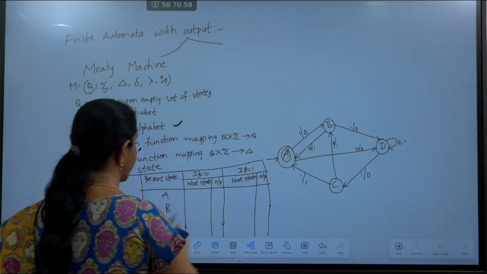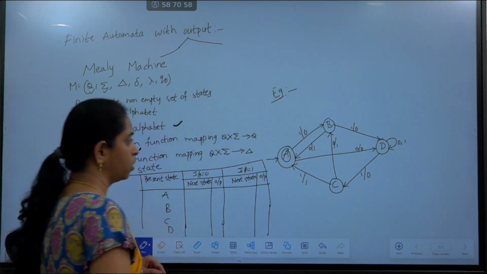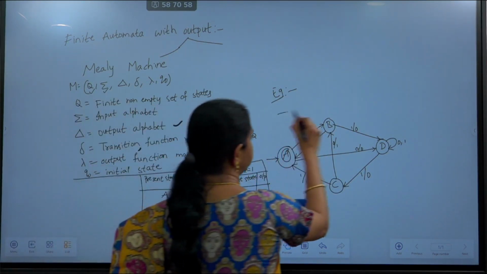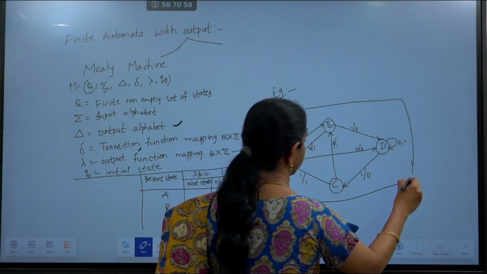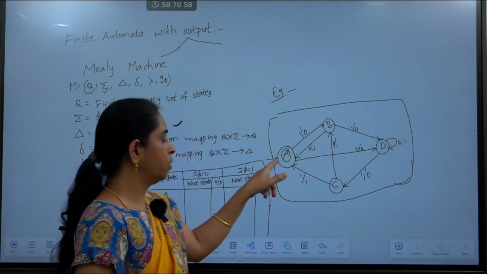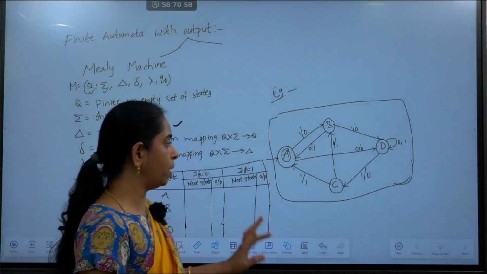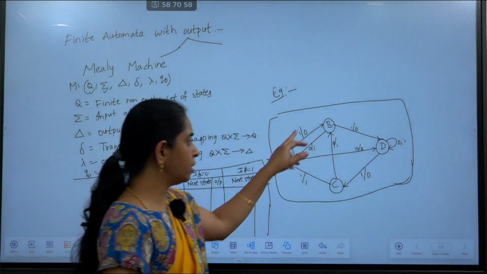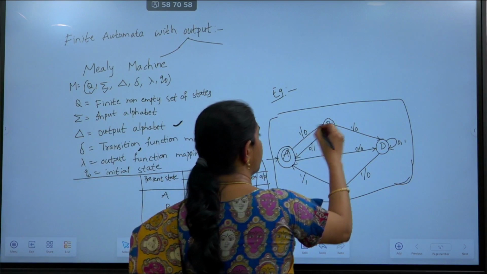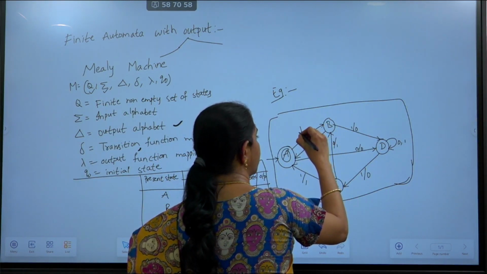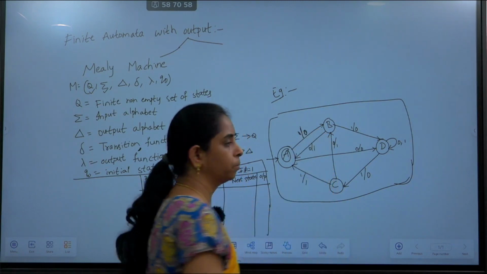If you see the example of the Mealy machine, this is the Mealy machine diagram. When we observe it, it's like a normal finite automata, but it has output. In the Mealy machine, whenever we have the input alphabet, beside it we have the output alphabet.